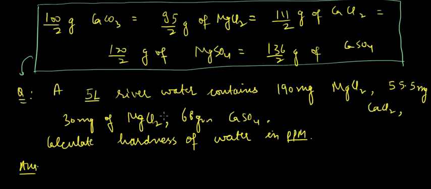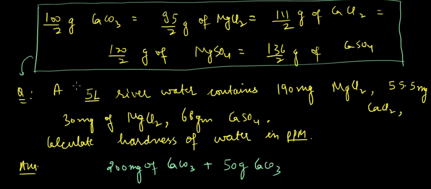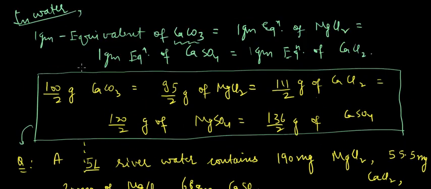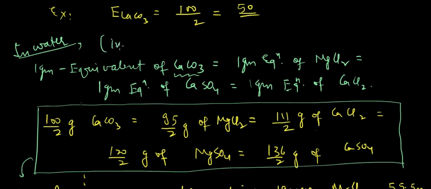We have 190 mg of MgCl2, which would be equal to 200 mg of CaCO3. Next we have 55.5 mg of CaCl2, which would be equal to 50 mg of CaCO3. This is gram equivalent in terms of degrees of hardness.